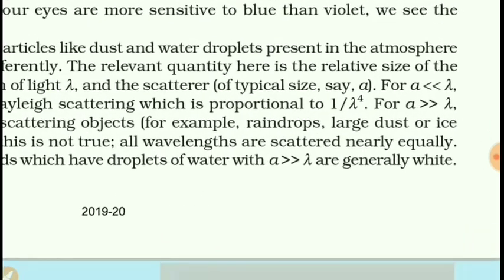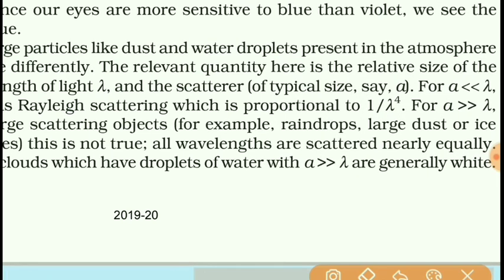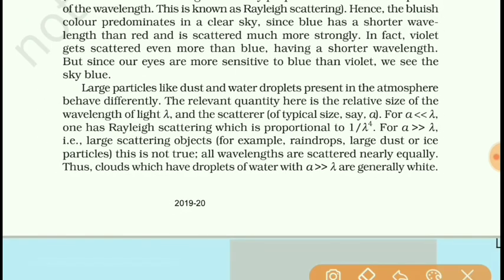Now students, remember that scattering of light is proportional to 1 upon lambda raised to 4, where lambda is the wavelength of light or wavelength of different colors.